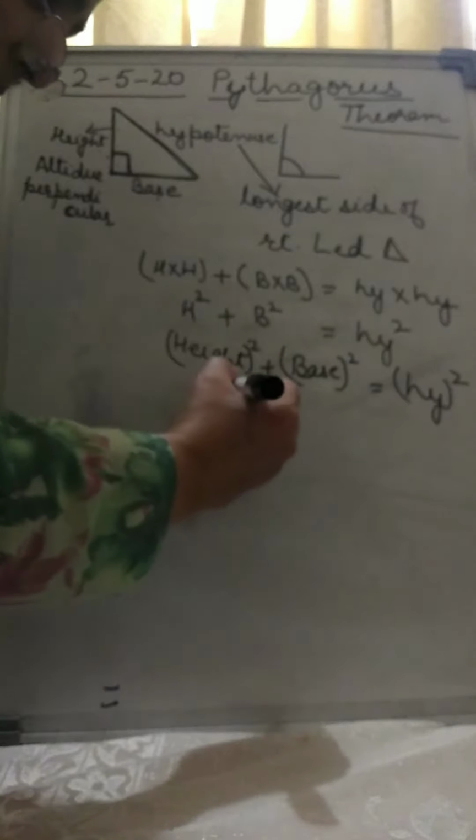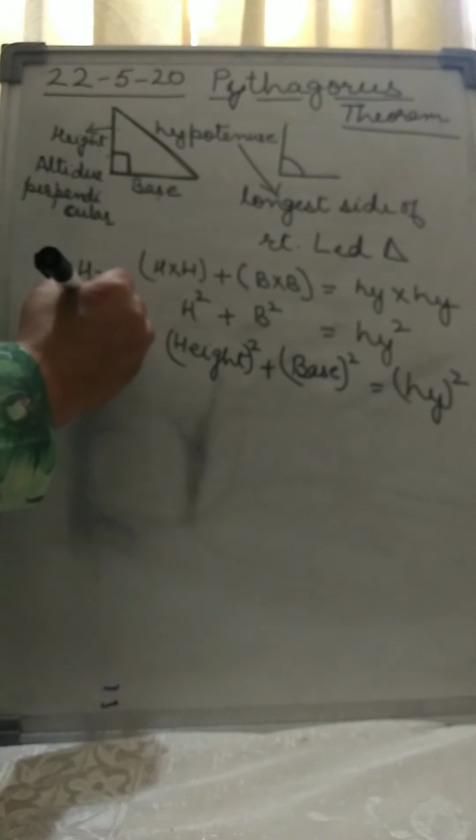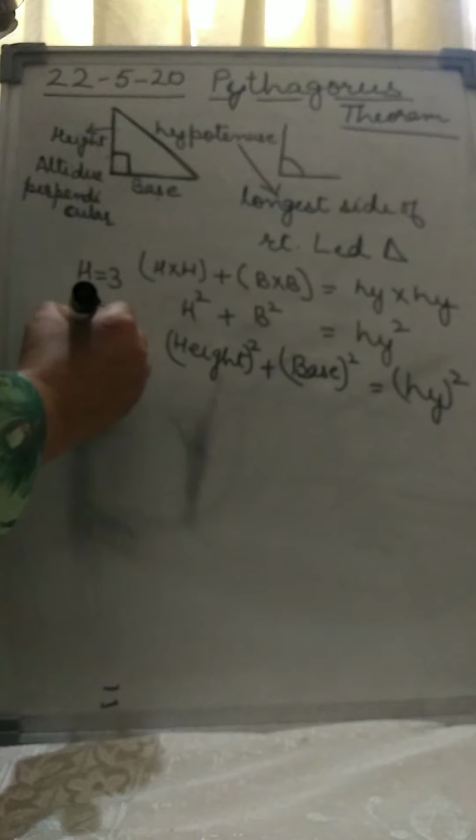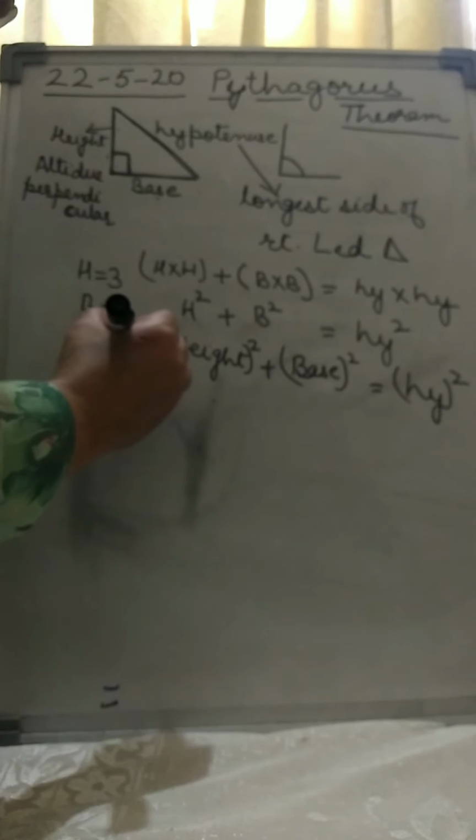Now I give you an example so that things will be more clear to you. Suppose height is 3, base is 4, and then hypotenuse is going to be 5.